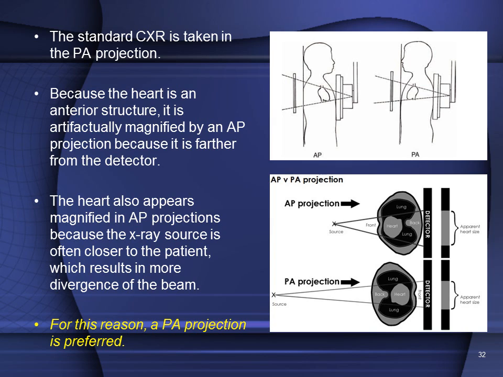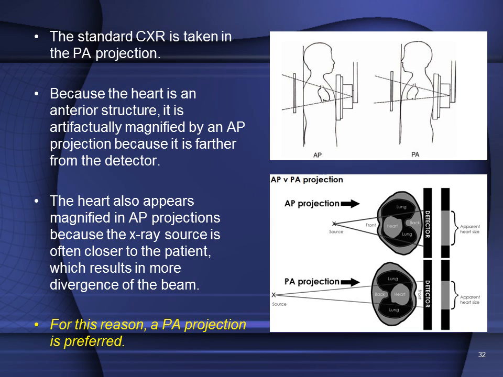For example, if we look at the diagram in the lower right part of the slide, in the AP projection, the heart is further away from the detector, closer to the source. So as the beams pass through the patient, the apparent size of the heart is magnified or increased. So this is one reason why it is important to understand which projection was used.